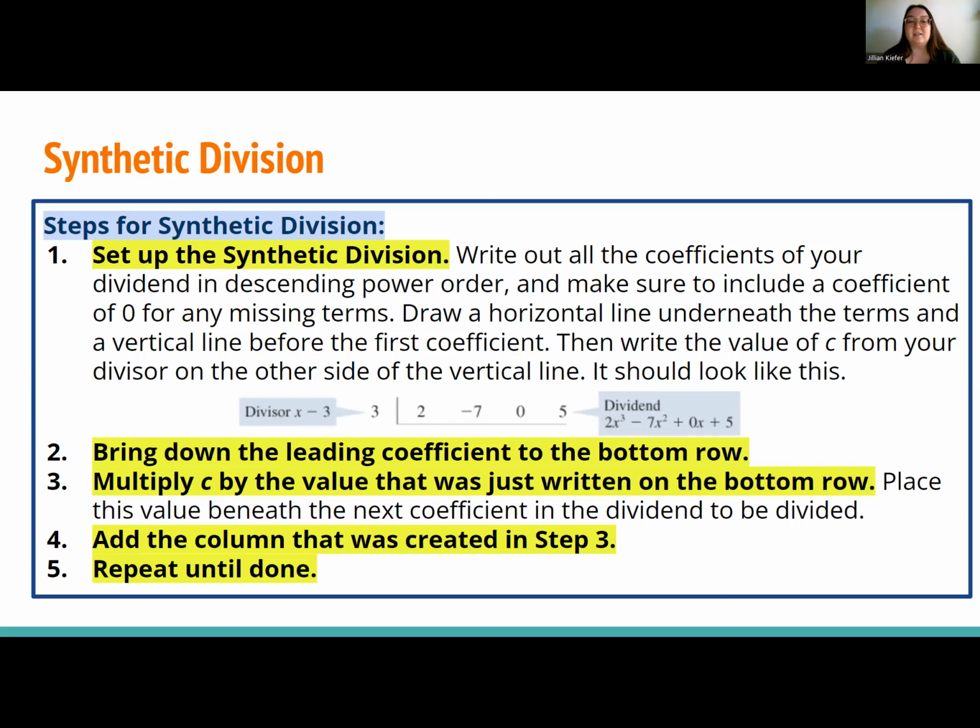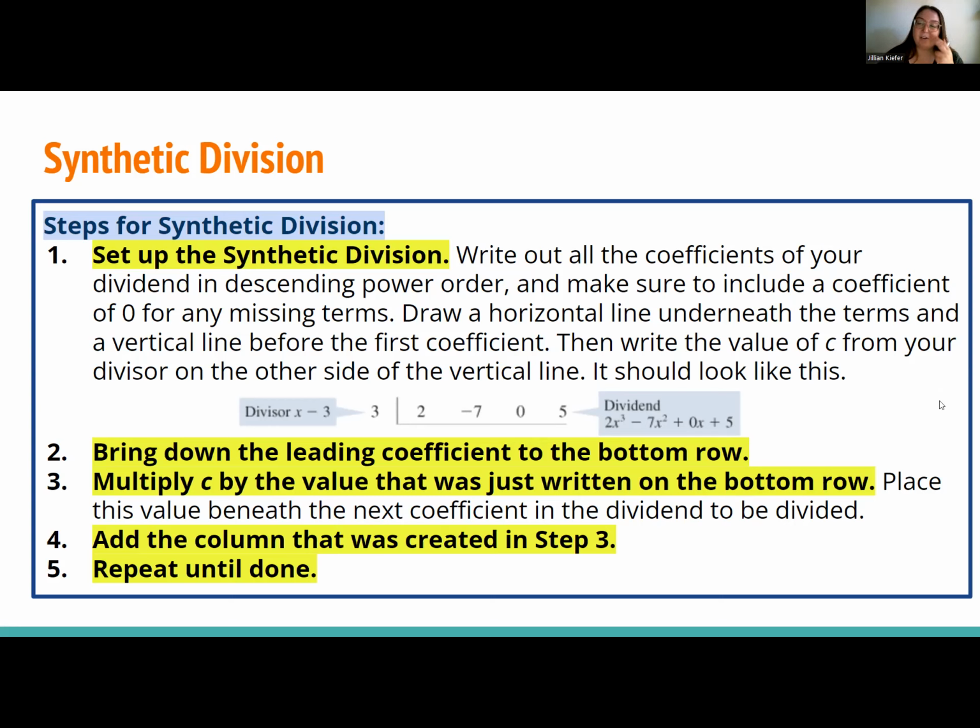This is where the idea comes from that if you had, say, x plus 3, that's really the same thing as x minus negative 3. The base format is x minus that number, so if you have x plus a number, c is negative. If you had x plus 3, you would have a negative 3 on the outside of the house instead of a positive 3. So it's the opposite sign of what's in front of it.